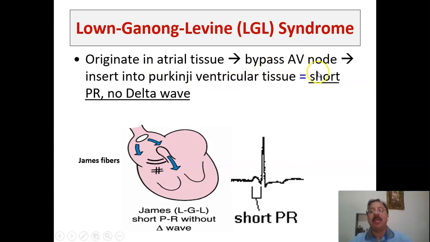So that's why this will result in a short PR interval but no delta wave, because it's going to the normal conduction system. The accessory pathway used in LGL syndrome is called James fibers. So you will get the short PR interval only, without delta waves.